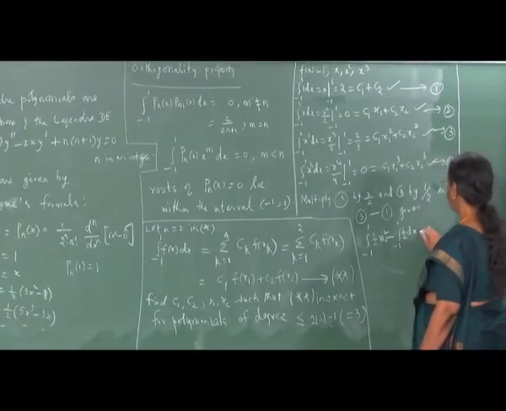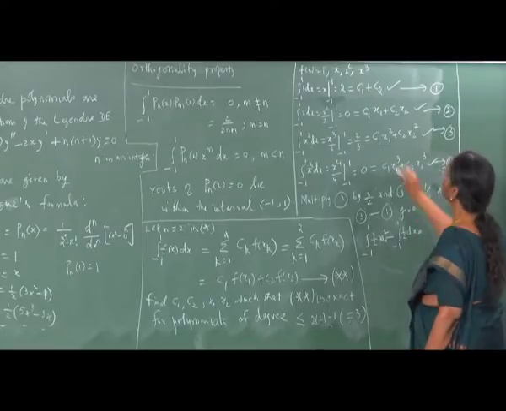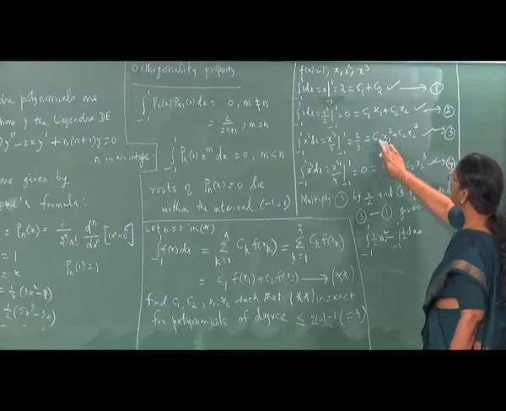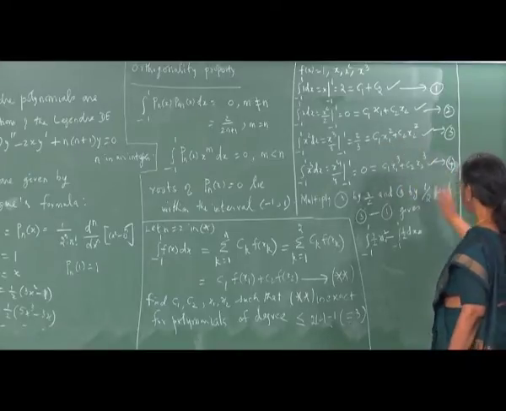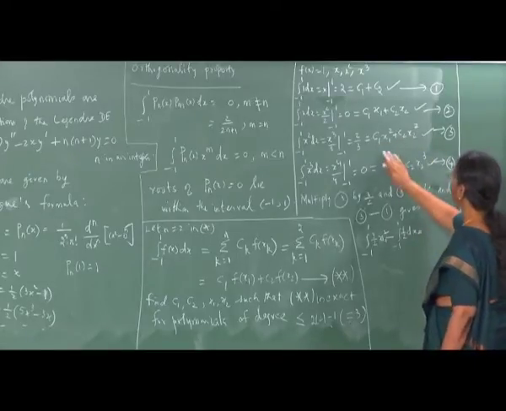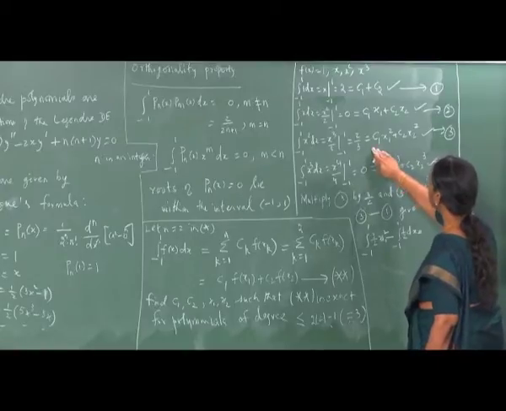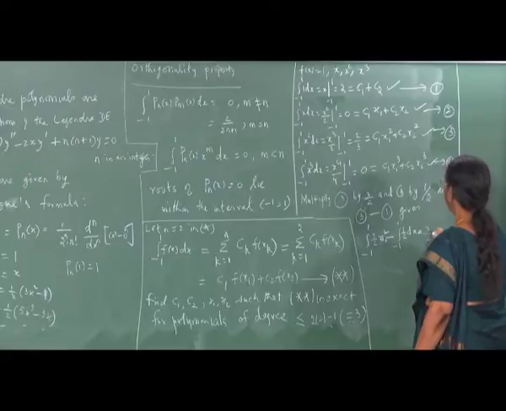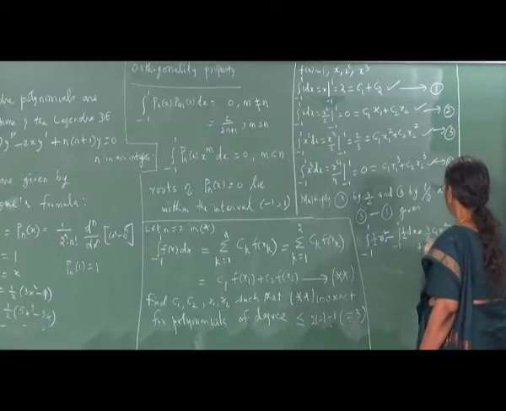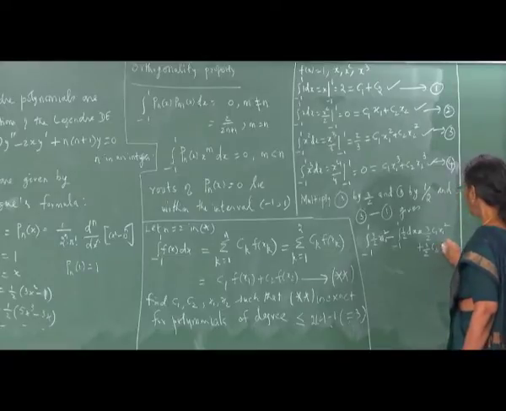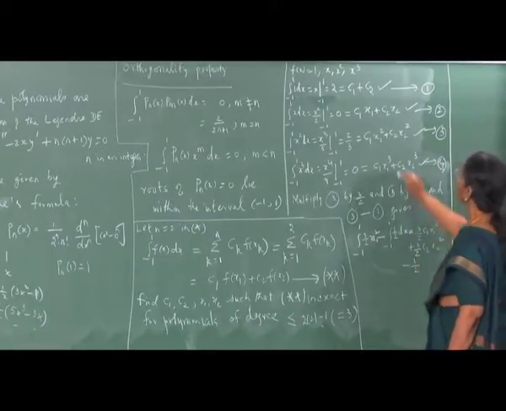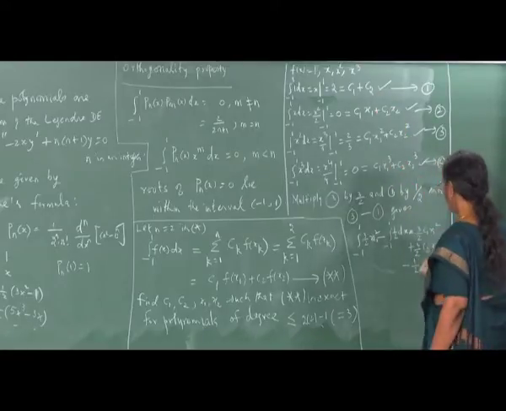And what does that give? From here, I multiplied equation 3 by 3 by 2. So, I have 3 by 2 into C1 x1 square plus 3 by 2 C2 x2 square, and I subtracted half times the first equation.